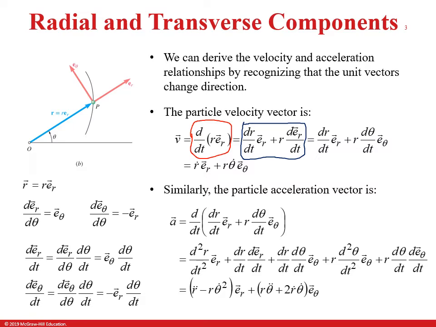So if we take the derivative of this velocity vector, or we could even, I think they did it with this one. Okay. If we take the derivative of our velocity vector right here with respect to time, that'll give us acceleration. So we're taking the derivative of that with respect to time.